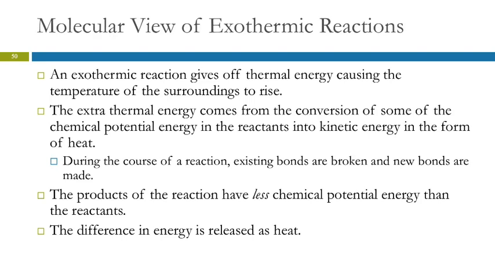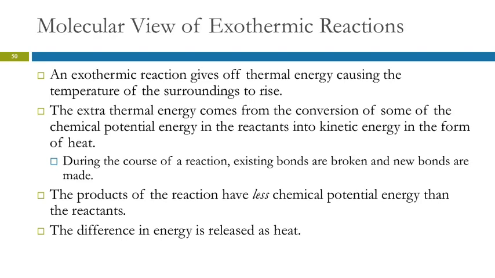So, a molecular view of exothermic reactions. Exothermic reactions give off thermal energy, causing the temperature of the surroundings to rise. Where does that energy come from? It comes from some of the chemical potential energy that's stored in the reactants being changed into kinetic energy that's released in the form of heat.